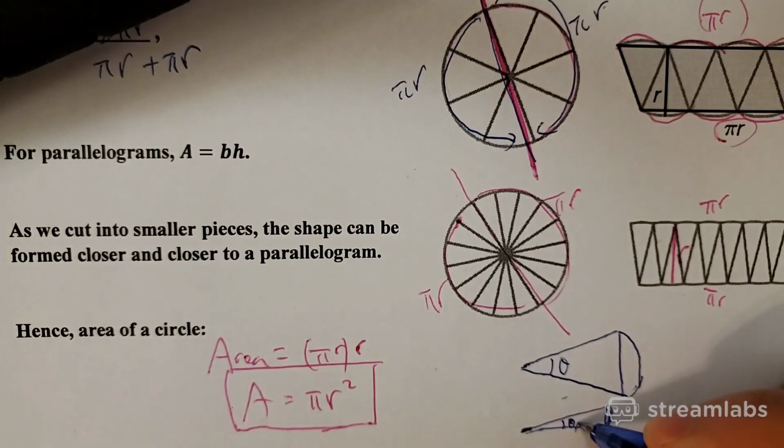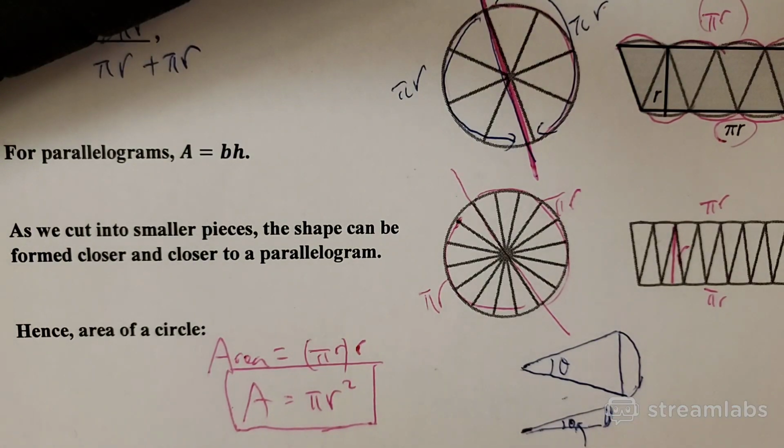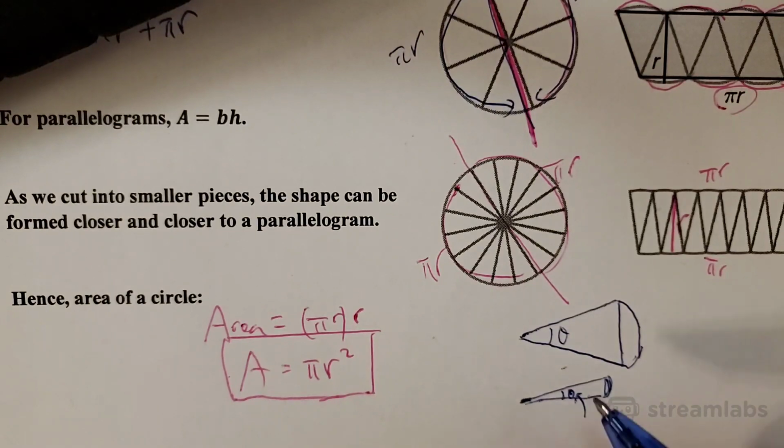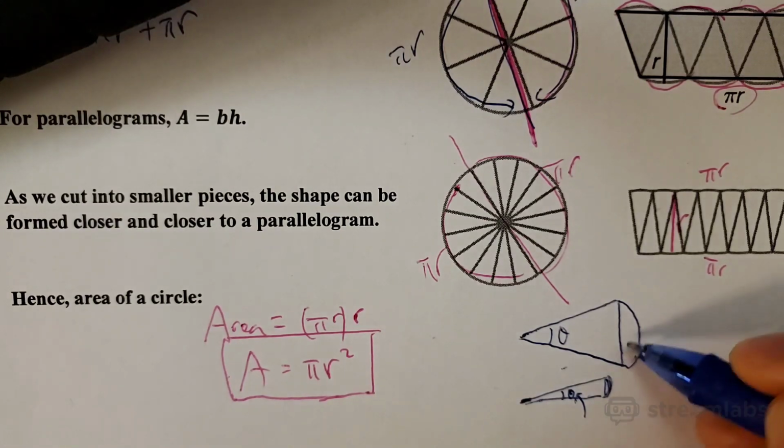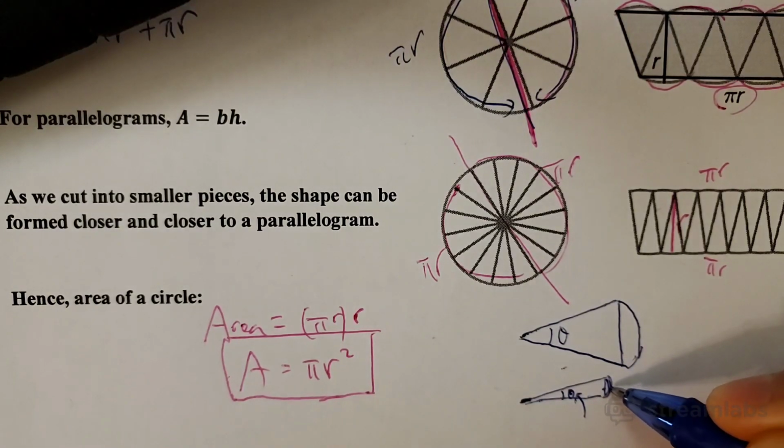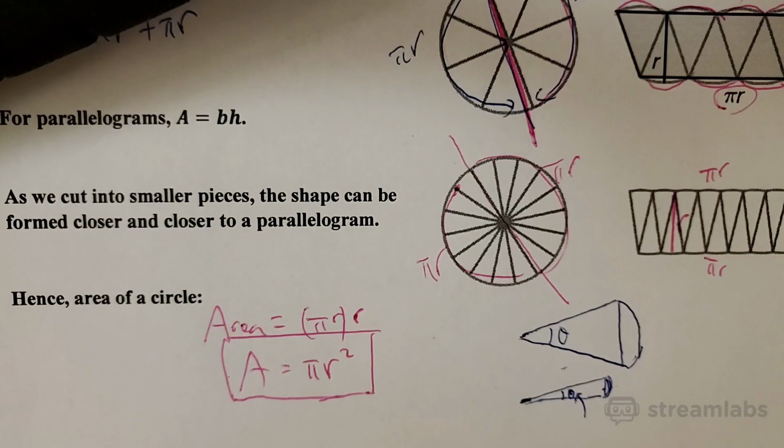Imagine this theta being infinitely small, smaller than 1 degree, smaller than 0.1 degrees, if this approaches 0, I didn't say equal to 0, approaches 0, theoretically, these two should be approaching each other, right?